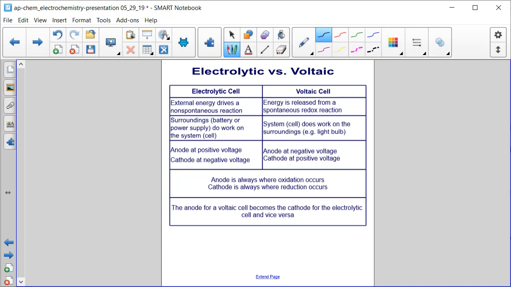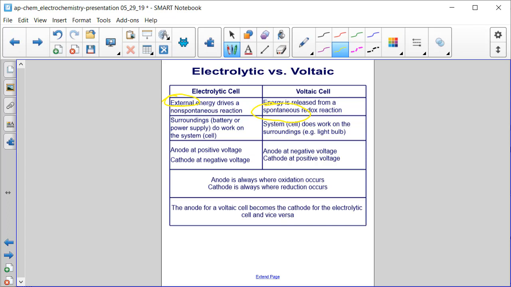The important note here is that this is happening as a spontaneous reaction. An electrolytic cell is a non-spontaneous reaction, and so in order for it to work, we need an external source of energy to drive that reaction. We have to put energy in to make that reaction happen.